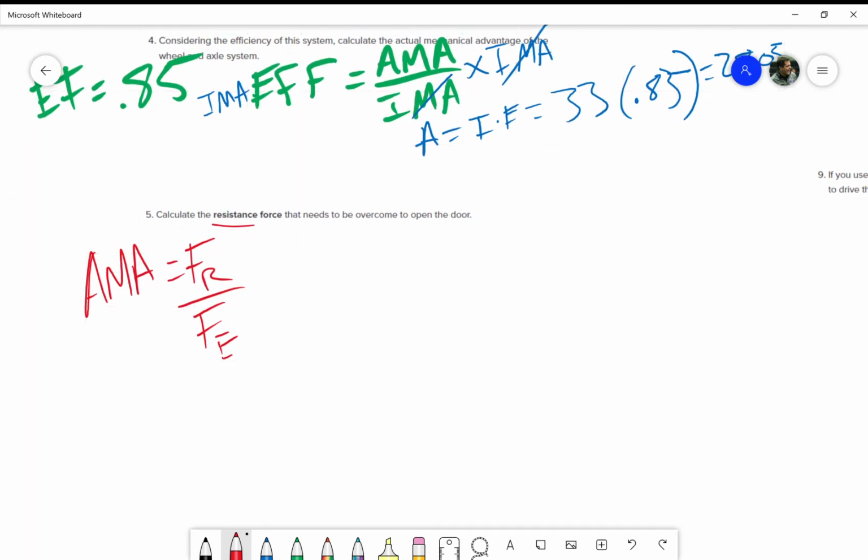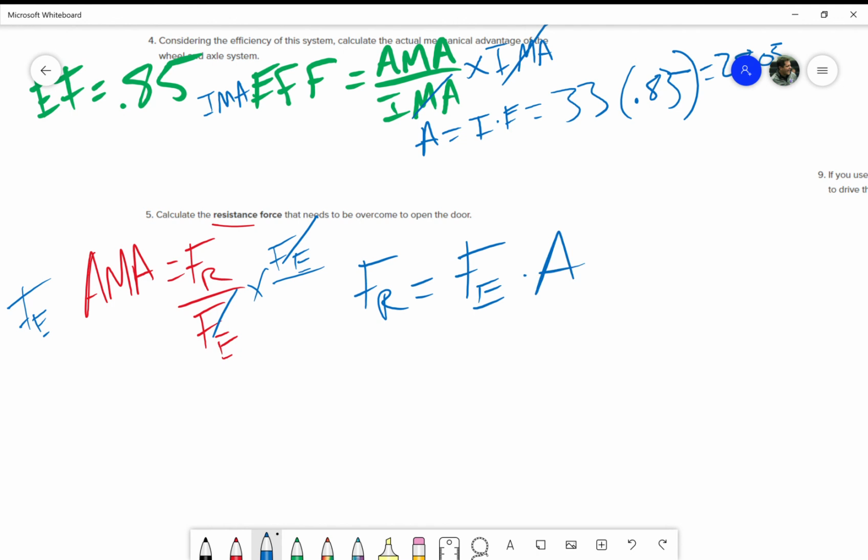Let's do our algebra first. I'm going to multiply both sides by effort force. Effort force cancels out, so I have FR is equal to FE times AMA.